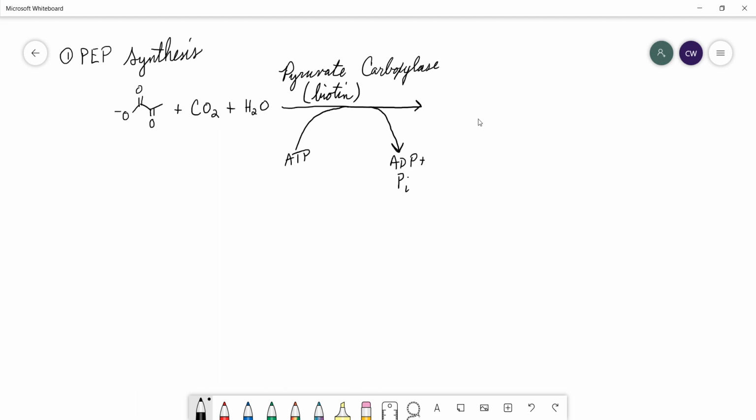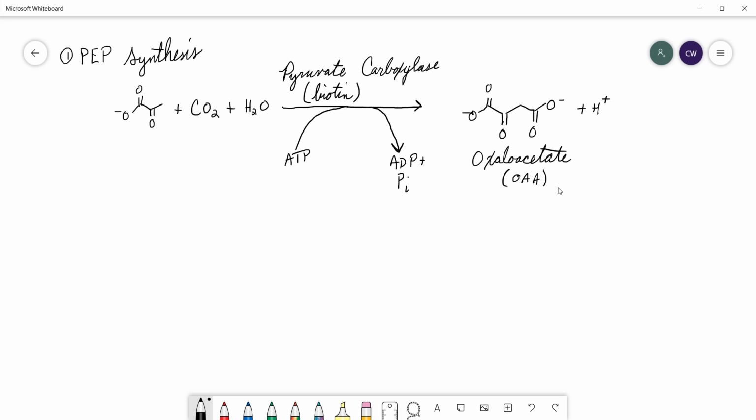What we get is a molecule called oxaloacetate, which looks like this. And we get some remaining acid. This is oxaloacetate, and for convenience sake, it's often abbreviated OAA.